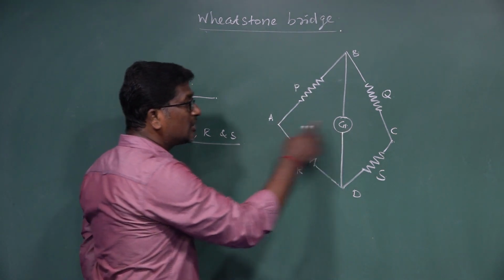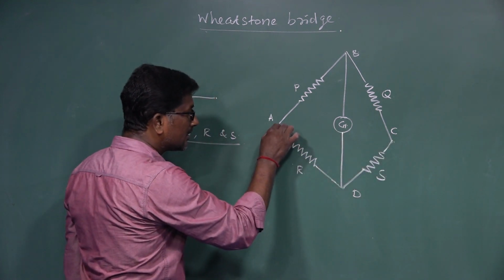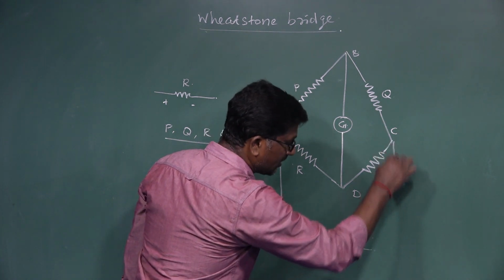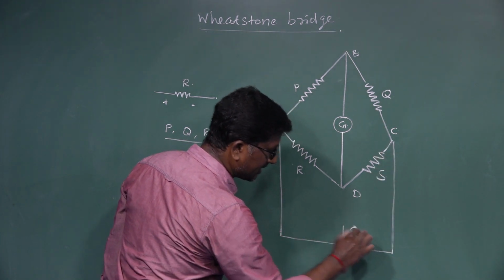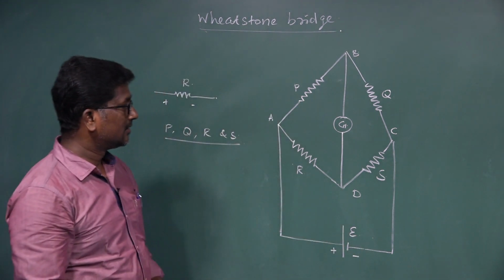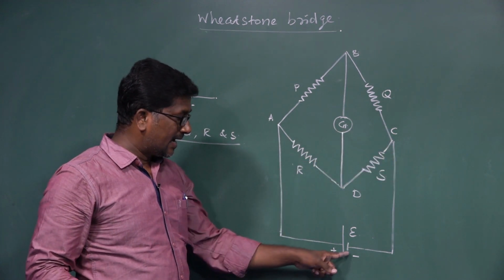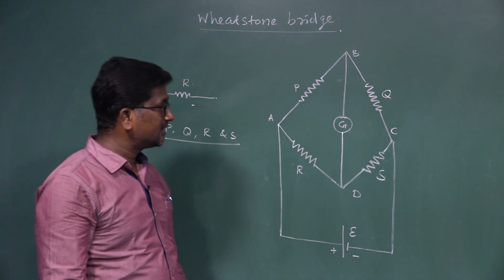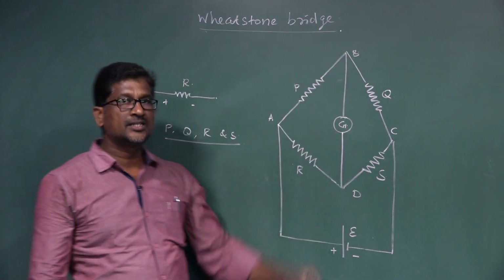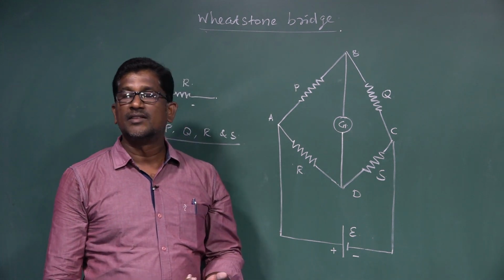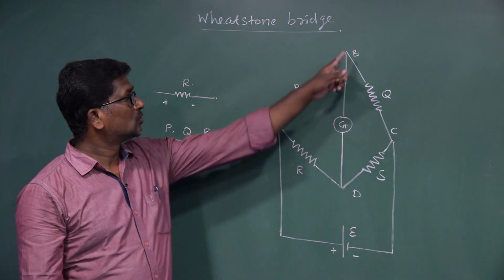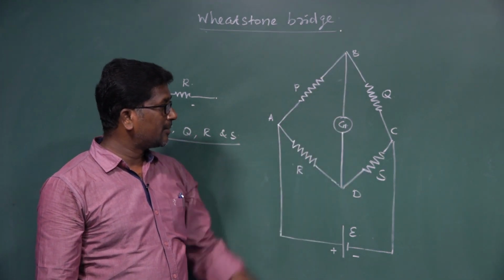Across the points A and C, an electric cell of EMF E is connected, with a positive terminal and a negative terminal. We know that a galvanometer is a sensitive device used to detect whether electric current flows through the circuit or not.